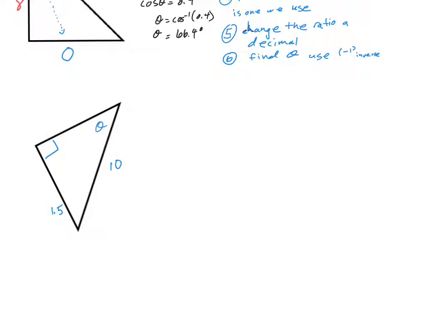So let's follow the steps that we did. We're going to have to write SOHCAHTOA, and then we also have to label the sides as, well, this is my hypotenuse, this is my opposite, and this is my adjacent.